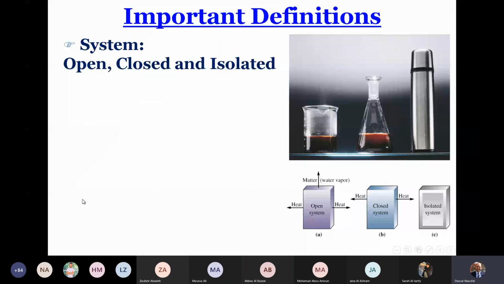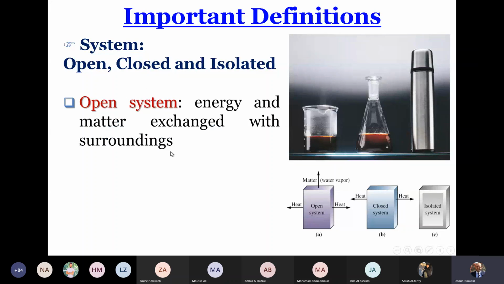There are three types of systems. We have open system, closed system, and isolated system. What is the open system? The open system is a system that exchanges energy and matter with the surrounding.